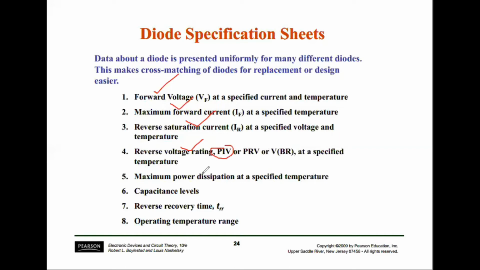Maximum power dissipation, it is related to these currents, capacitance, recovery time, and operating temperature range. The temperature range of any diode should be given to operate in certain feasible temperature ranges. Otherwise, it will not run.